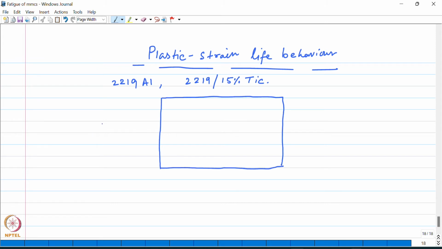So here it is plastic strain on the y-axis, and x-axis of course is the number of reversals, that is 2N.